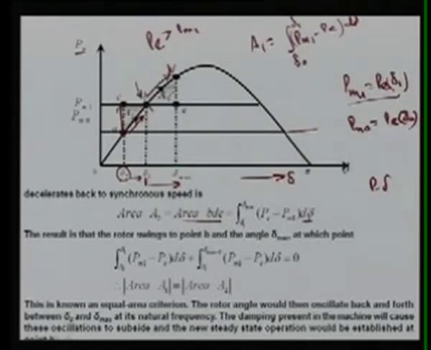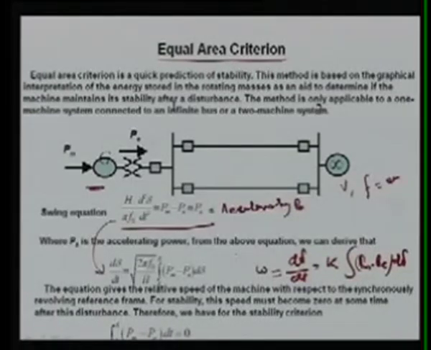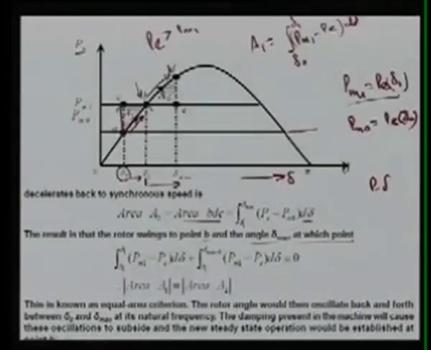If you are integrating with the delta, then you can see the total. The resultant is the rotor swing to point B, the angle delta max, at which point you can add these two areas, that is delta 2 to delta 1, PM1 minus PE delta, the previous area, plus from the previous equation, from 0 naught to delta 1, PM1 minus PE, and again delta 1 to delta max, the same equation.